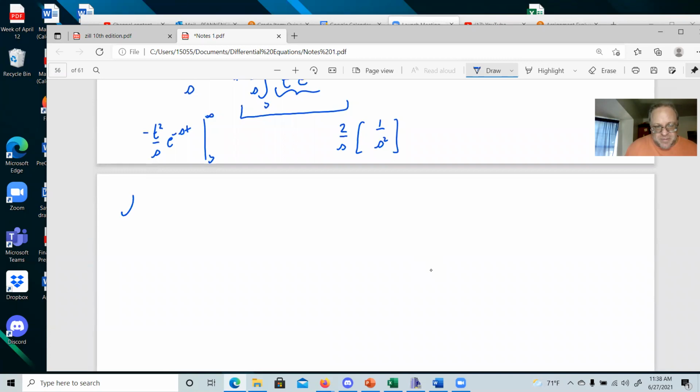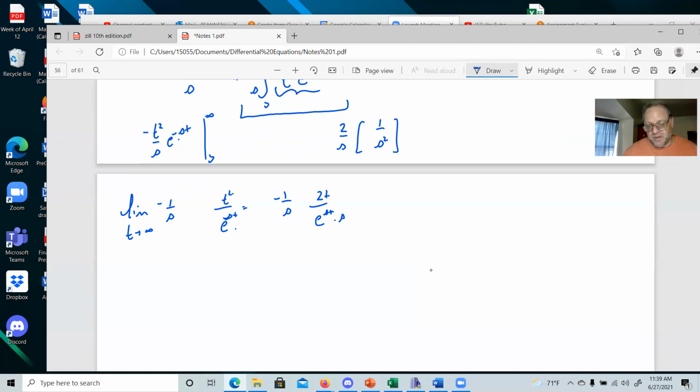As t goes off to infinity, we have 1 over s negative, we have a t squared over an e to the st. If you don't believe it, we could do L'Hopital's because we have an infinity over infinity situation here. So this is negative 1 over s, we have a 2t over e to the st times s.